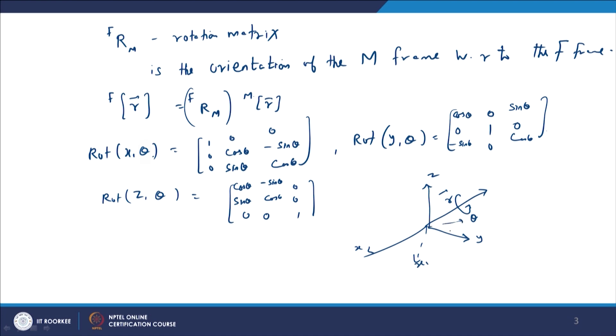We call it say x1, y1 and z1. So the old frame is F and the new frame is M. So what will be the relation between F and M if the rotation is about any general axis R by an angle theta? That is what we will see in this lecture.